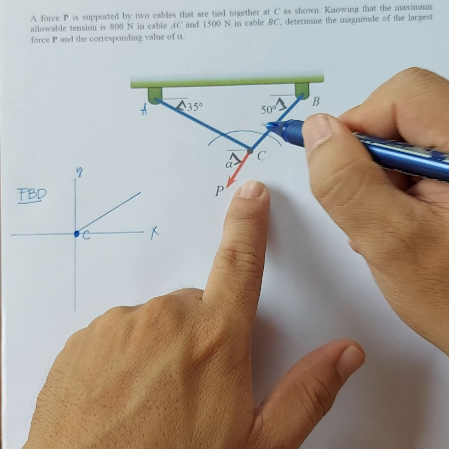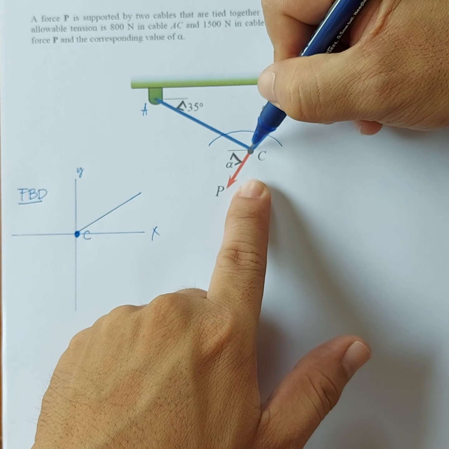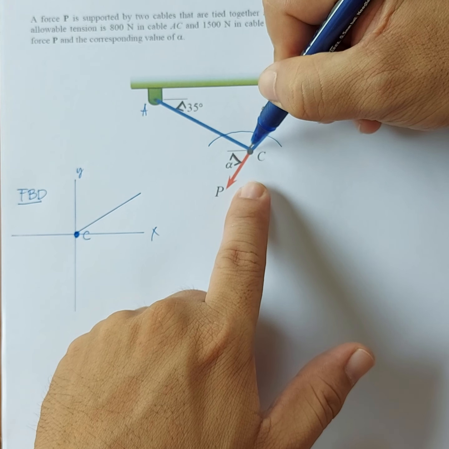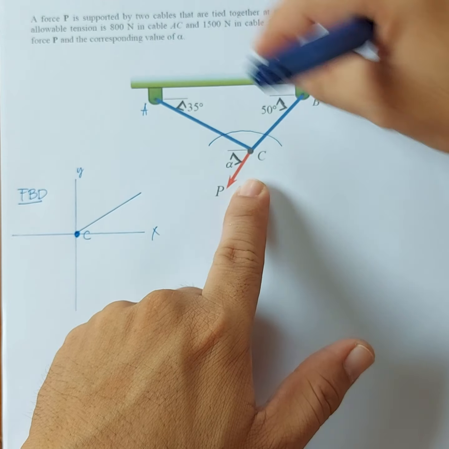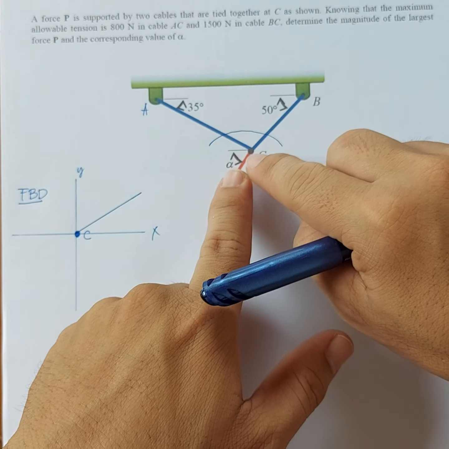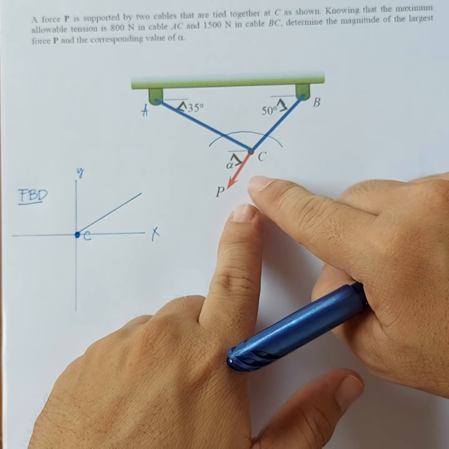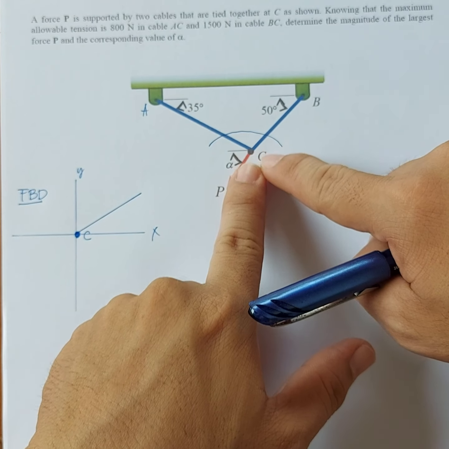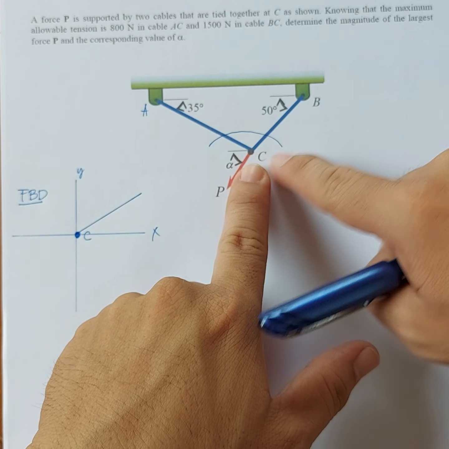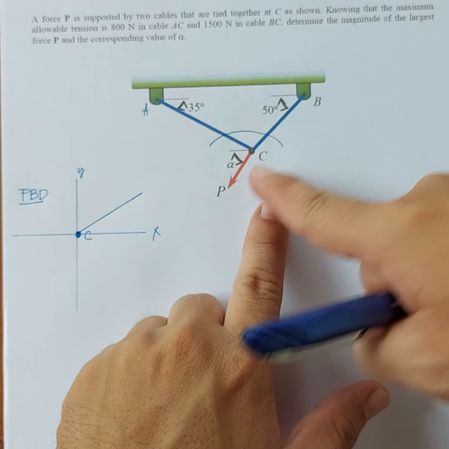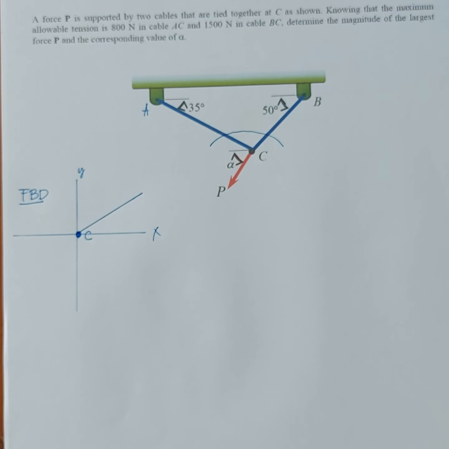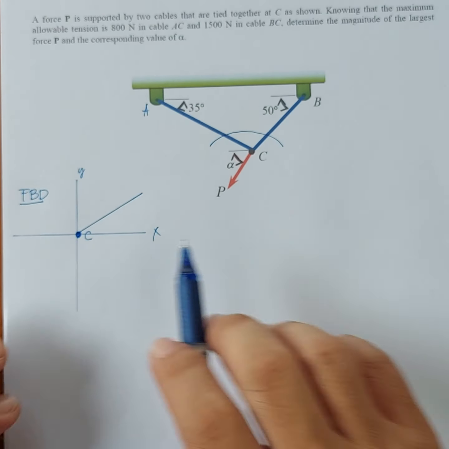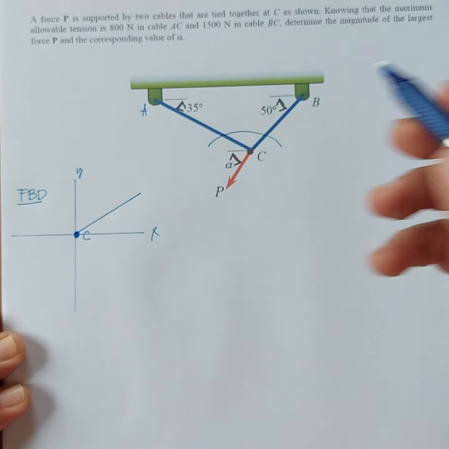So, ganun din sa cable AC. Parang hinihila niya yung particle or yung body. So, na-stretch siya. Okay, so parang naghihilahan tong mga forces na ito. Hinihila ng cable CB or BC, humihila naman ng cable AC. So obviously the direction of our tension, yung force, since papalitan natin.